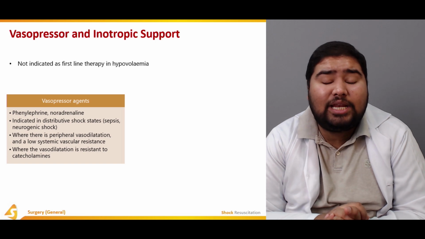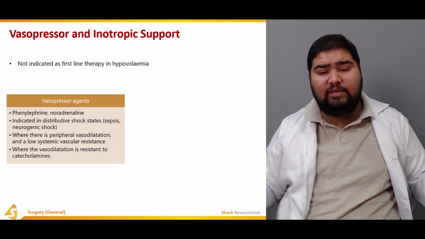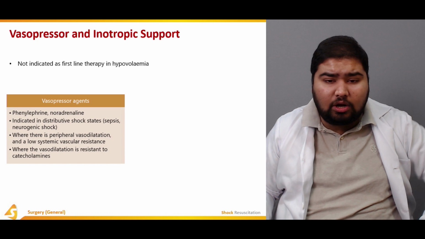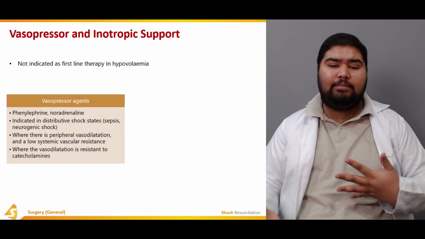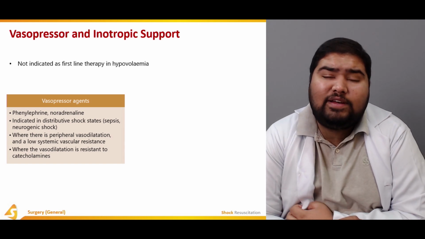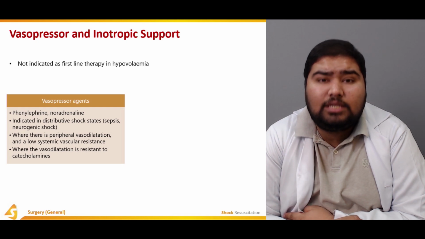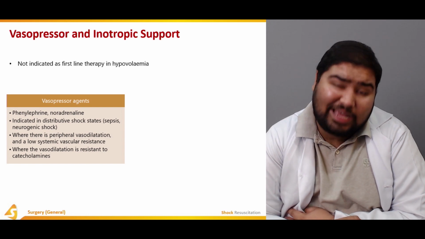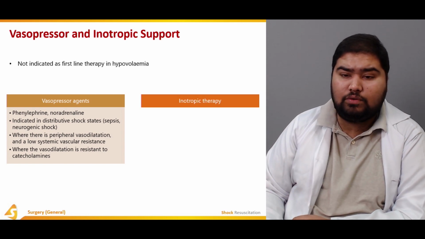They're indicated in distributive shock, in which there is pooling of blood in the vessels, as occurs in sepsis, as occurs in neurogenic shock, where there's peripheral vasodilation, we've talked about it, and a low systemic vascular resistance. So in these conditions, the vasopressor agents are used, where the vasodilation is resistant to the catecholamine. So this is another condition in which the vasopressor agents, phenylephrine and noradrenaline, are used.